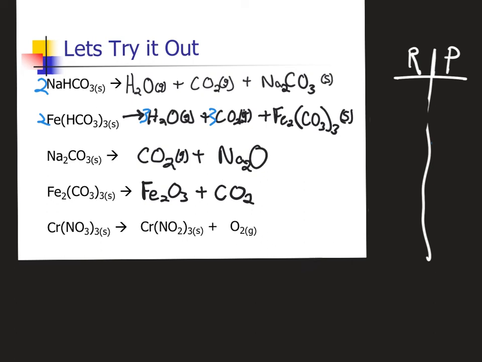Now I can see from this one, it is definitely not balanced because my carbons are not. So I will fill out my little chart. Irons look good. Carbons look bad. Oxygens, well, it's what oxygens do, and they just look weird.